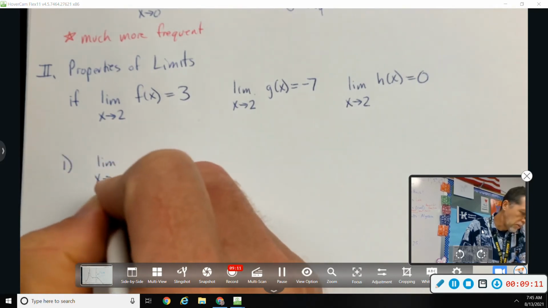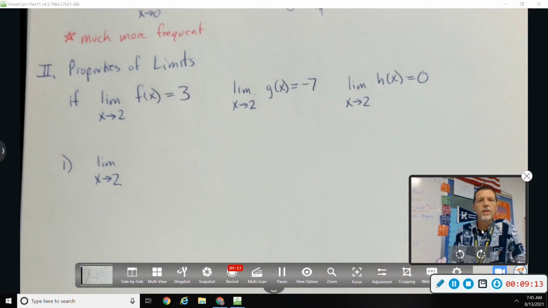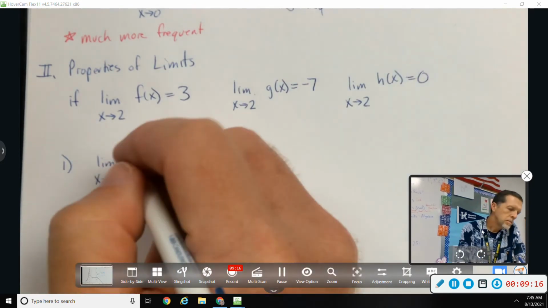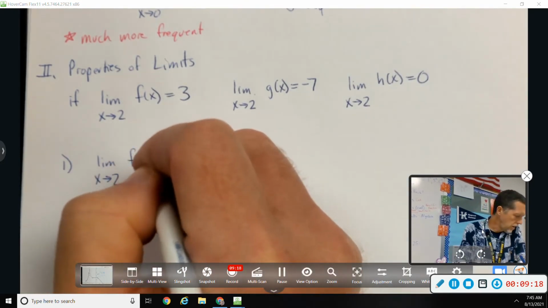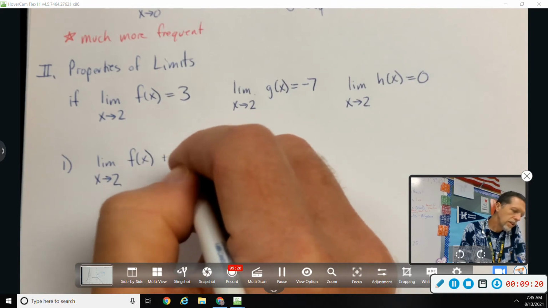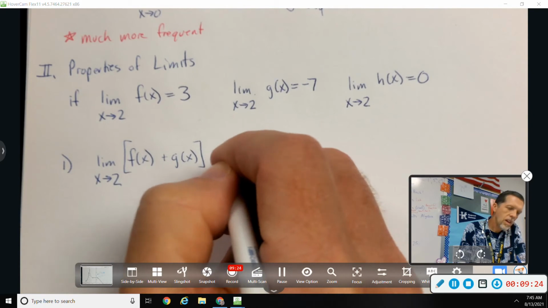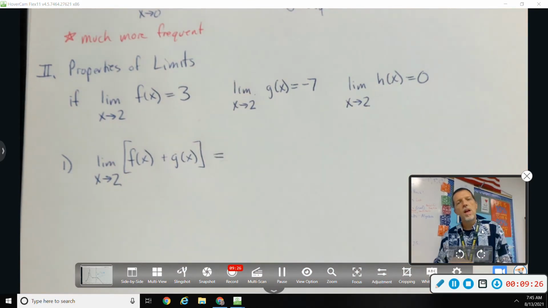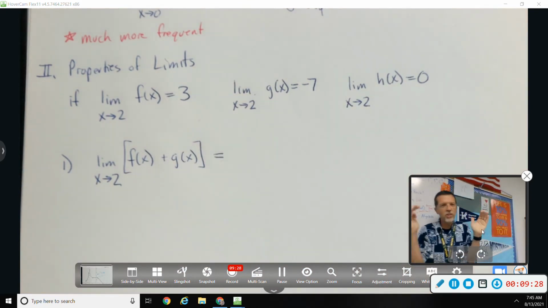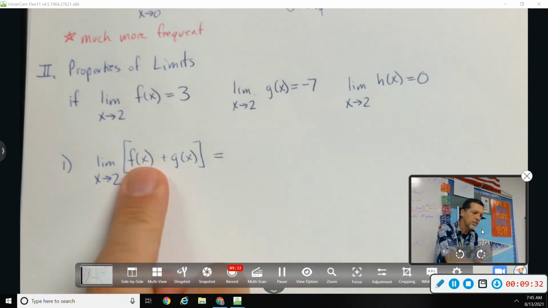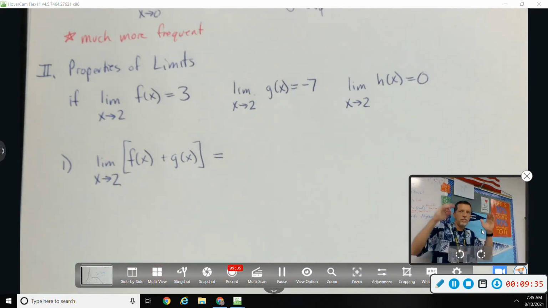All right, number 1. The limit as x approaches 2 of f of x plus g of x. We need to put parentheses around f plus g to make sure the limit goes to all of that. Otherwise, the limit would only go to the first thing. So, the limit of f plus g.